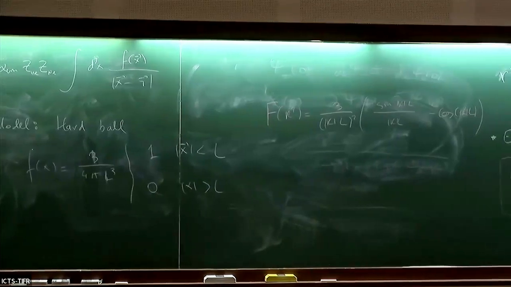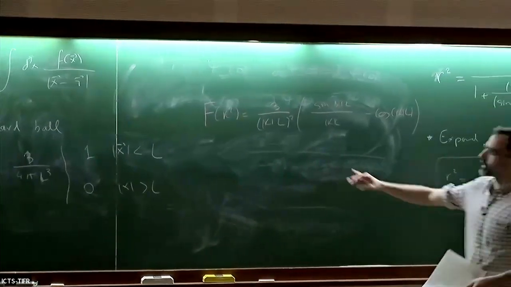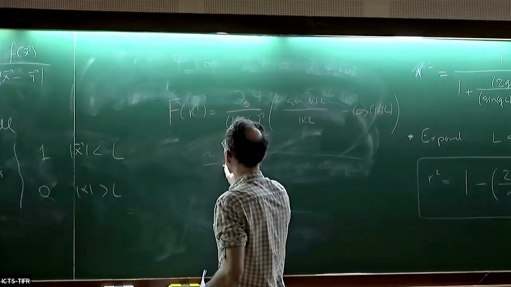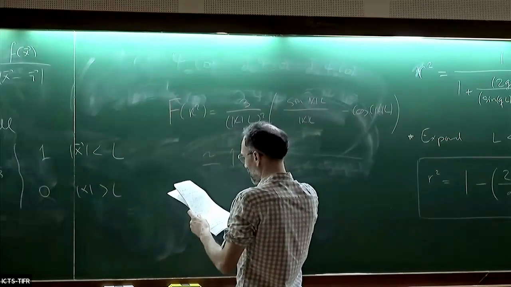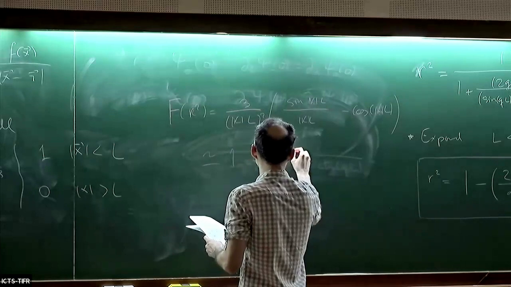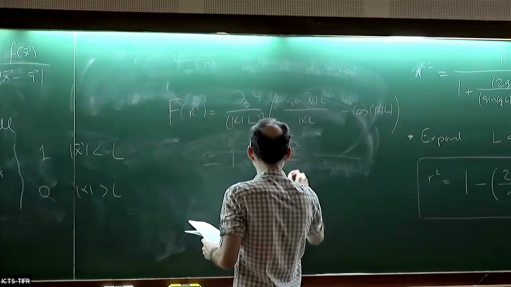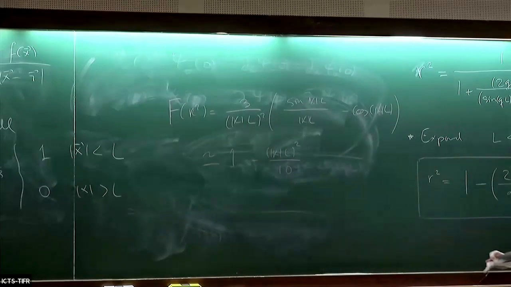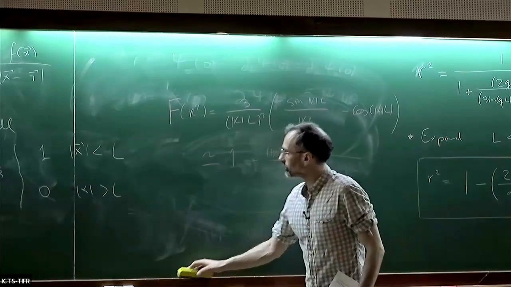We want to take the low L limit of this, that same L. If you cannot resolve it, you can expand it to find 1 minus k times L squared over 10 in this case. And you can work out the factor of 10 yourself. Right, so that's not something new.